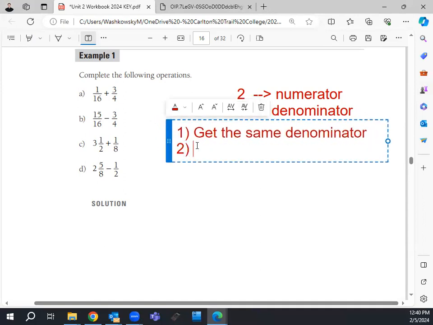And in order to do that, we find what's called a common factor.